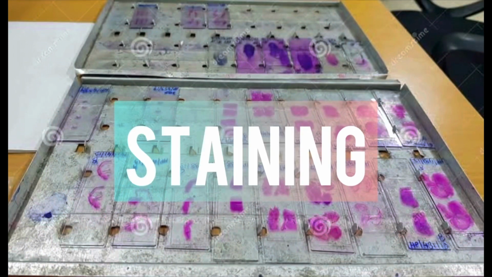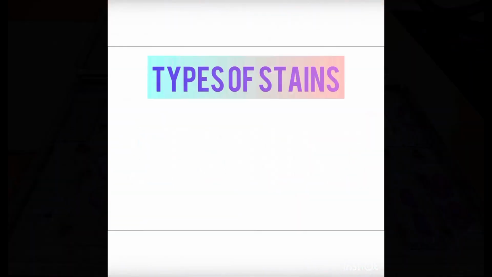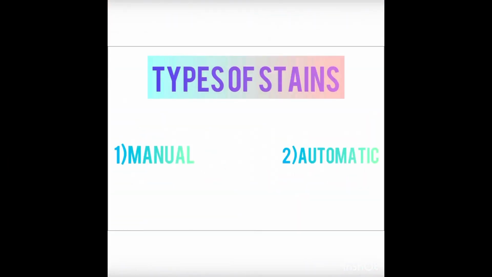The next step is staining. Staining is a process by which we identify and differentiate the structures of tissues. The dyes may be natural or synthetic. There are two types of staining techniques, manual and automatic.